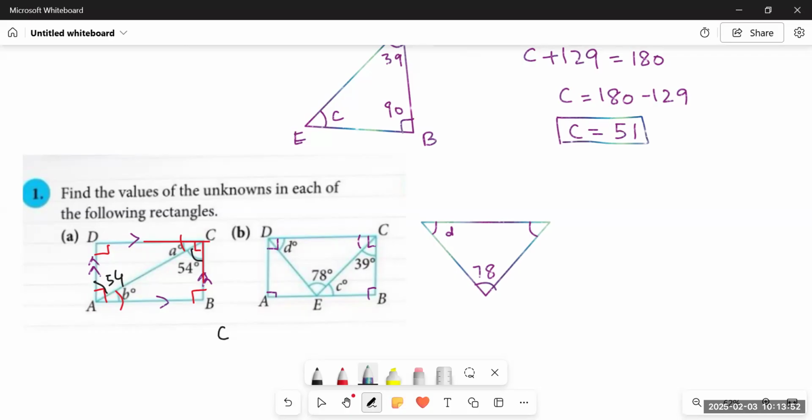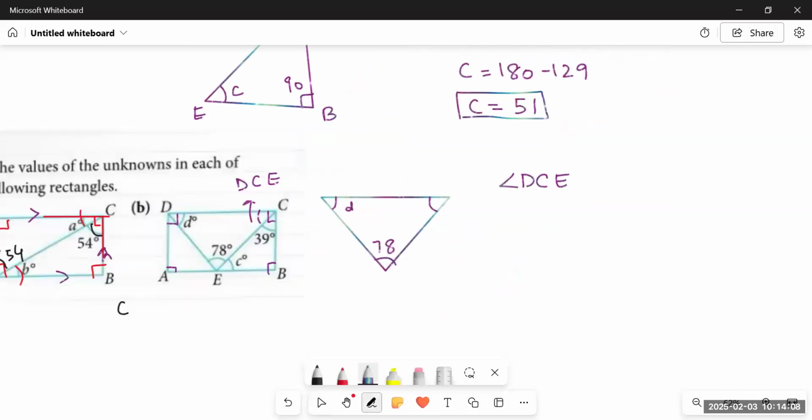So let's suppose this is angle DCE. Angle DCE is complementary to angle ECB. These two angles are complementary, so they will have a sum of 90 degrees.